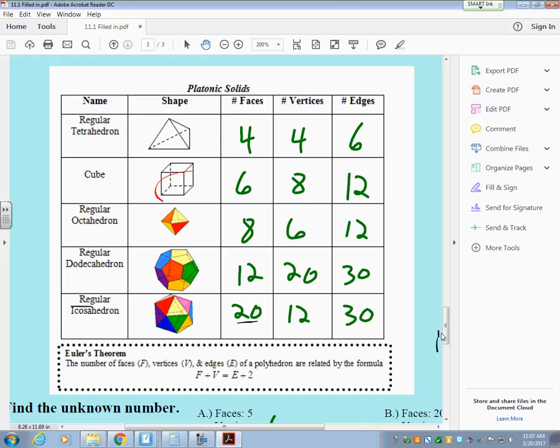So if you have a regular pentagon, you can attach 12 of them together to make a nice little dodecahedron ball. It has 20 vertices and it has 30 edges. Icosahedron has 20 faces, 12 vertices, and 30 edges.